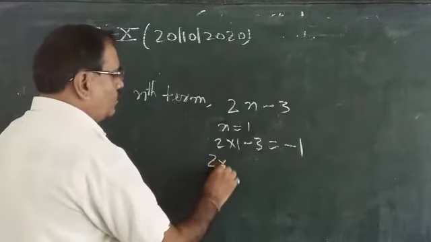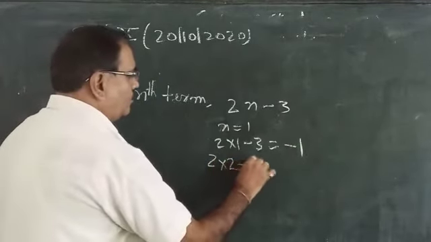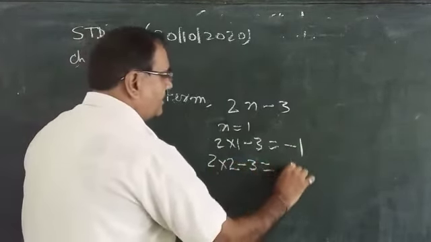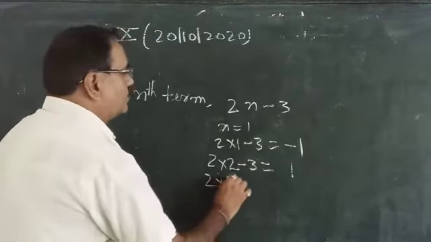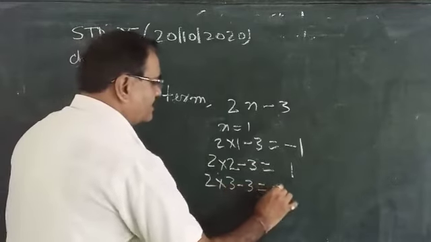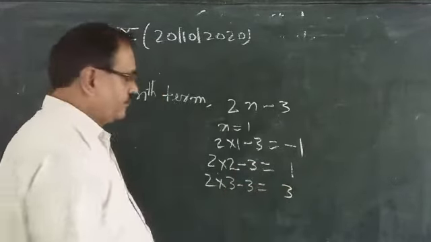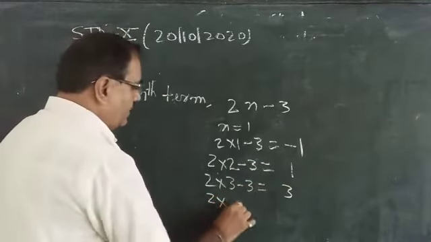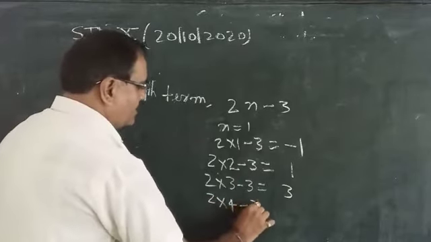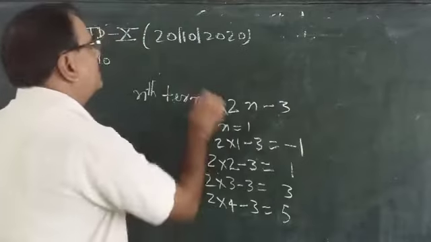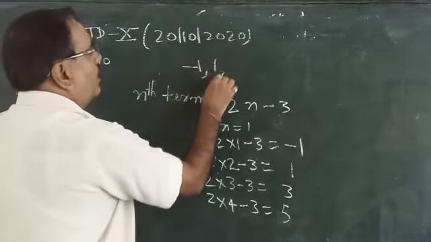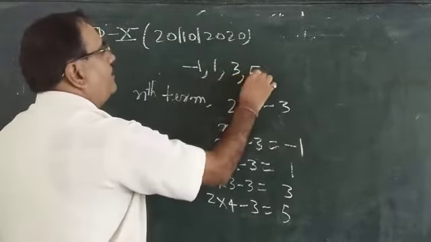Next n is 2, 2 into 2 minus 3, 4 minus 3, 1. Next 3, 2 into 3 minus 3, 6 minus 3, 3. Next 4, 2 into 4 minus 3, 8 minus 3, 5. Now we are getting the series minus 1, 1, 3, 5.